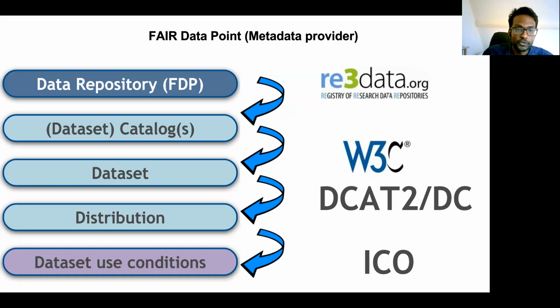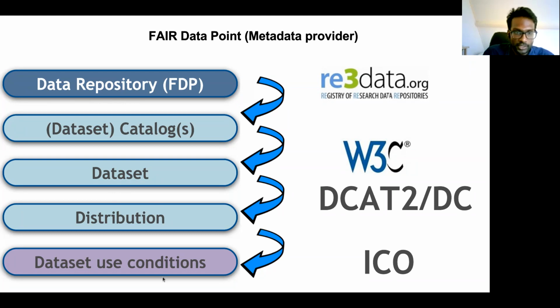Within this repository, you can classify your resources in different catalogs. And within the catalog, you find different resources. For this use case, it's a data set. So you find a description of the resource, like what this data set is about, what kind of variables this data set has, and different distributions associated with this data set.